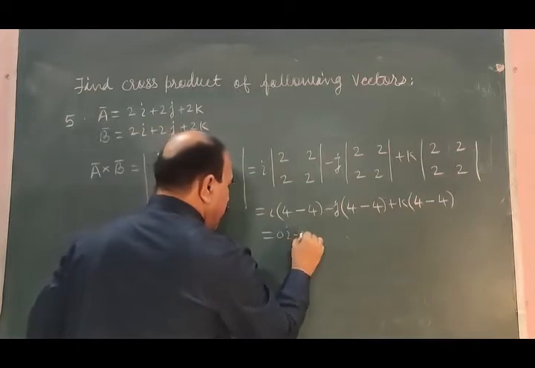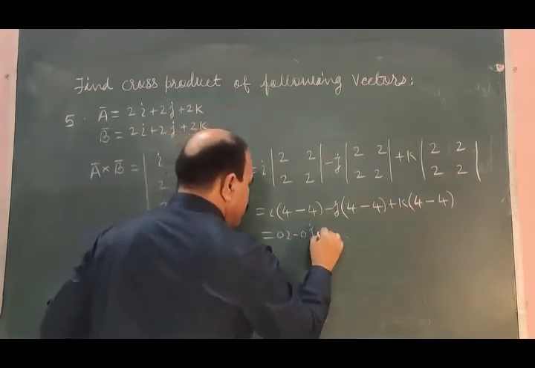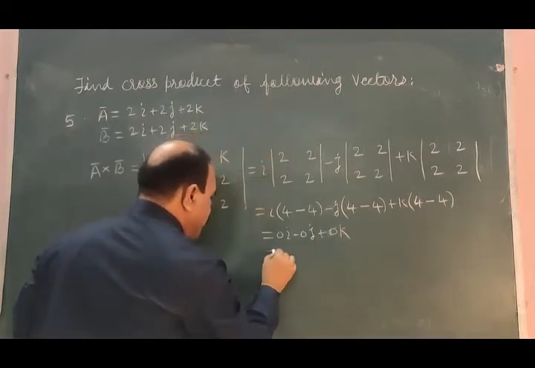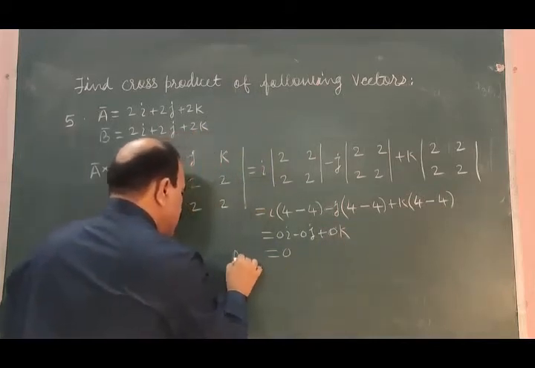That is 0i minus 0j plus 0k. This is equal to 0.